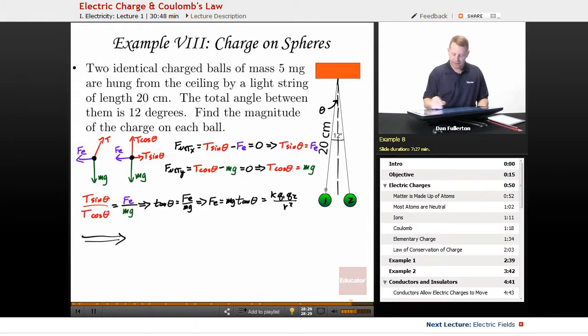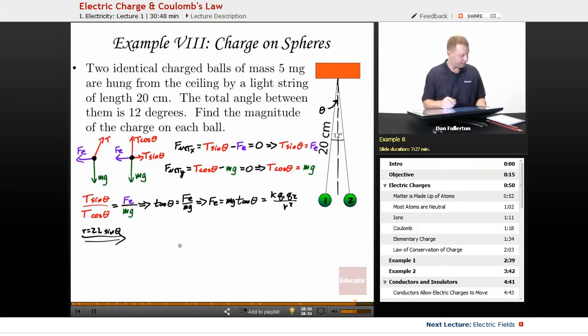We know the length of the string and we know the angle. We can use a little trig to realize that the distance from here to the center point must be L sine theta, this 20 centimeters sine theta. So the distance between the first and the second sphere must be twice that. So our R must be 2 times the length of the string sine theta.